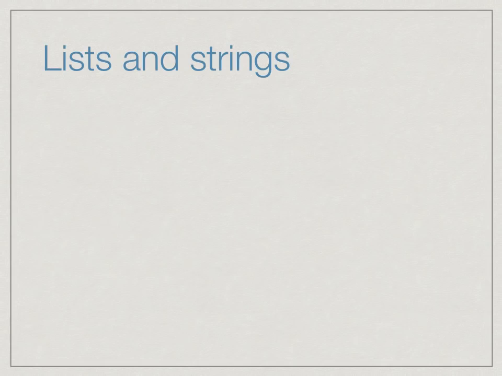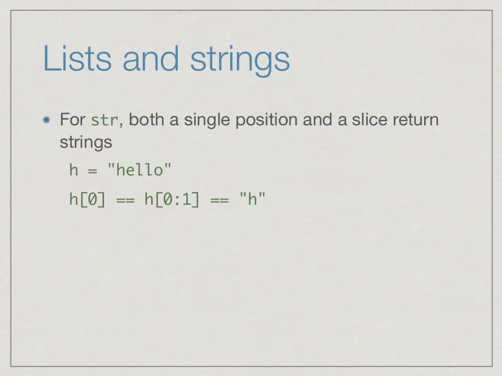So there is one difference between lists and strings in what we have seen so far. We said that there was no concept of a single character. So in a string, if we take the value at a single position, or we take a substring of length 1, we get the same thing. So if we have the string "hello", which has positions 0, 1, 2, 3, 4, so that is length 5. And if we ask for the 0th position, then this gives us the letter h.